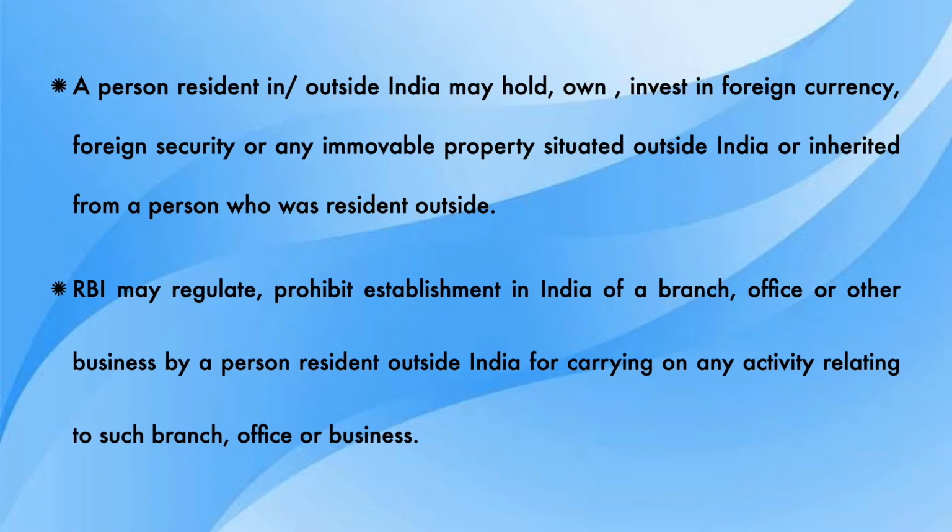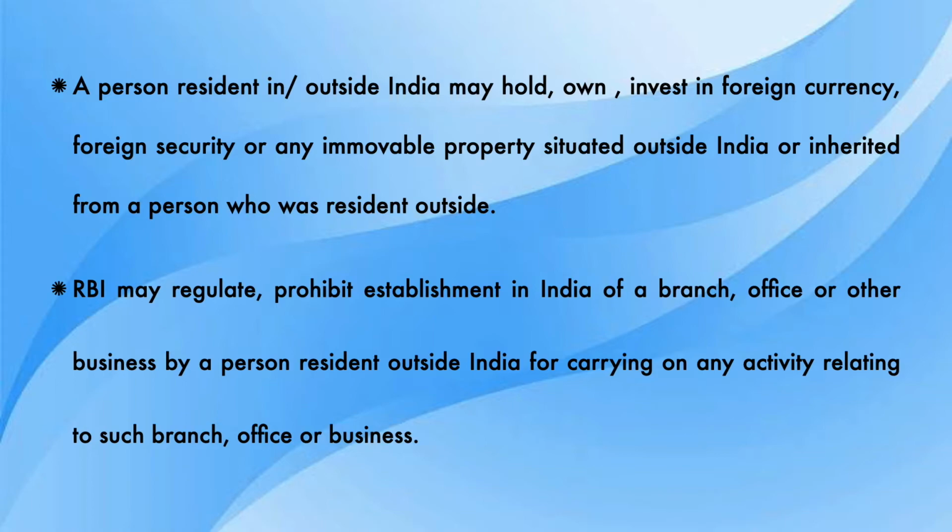That's when RBI can prohibit. Prohibit means stop. So I'm going to stop such establishments, I'm going to stop such companies from entering India, because it might have a very severe impact, Indian markets may drop down, and Indian retailers or businessmen will run out of business. In such cases RBI might prohibit.